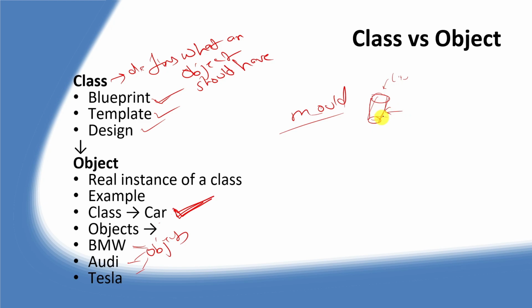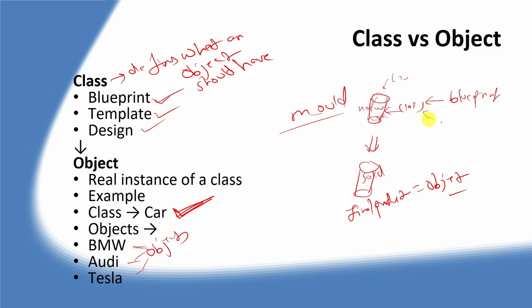So this structure is called class, and the final output we get, in solid form, is the object. The class was like hollow. So think of the class as a blueprint.